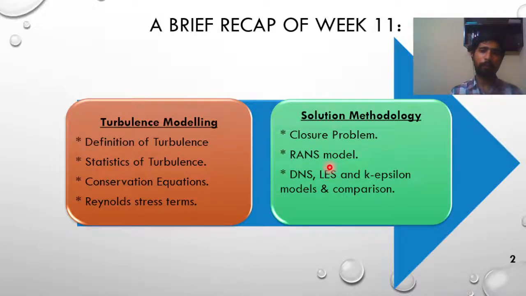But DNS is the most accurate method which we have till now. That is why DNS can be used in research studies wherein they have time and access to good computing facilities. So these were the things mainly covered in the week 11 contents.